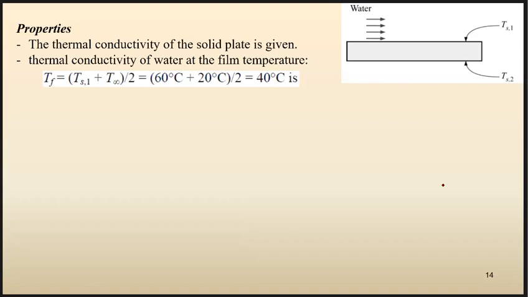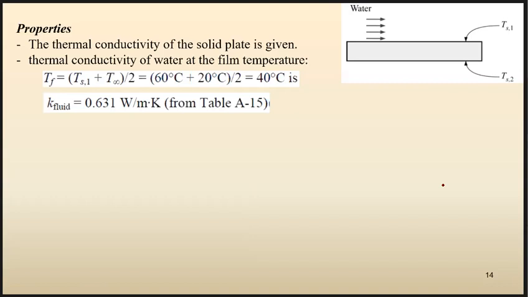So typically we use this average: the temperature of the surface plus the temperature of the fluid far from the surface, divided by 2. That is 40 degrees Celsius. So at this temperature, we go to table A15 and read the conductivity of the water.